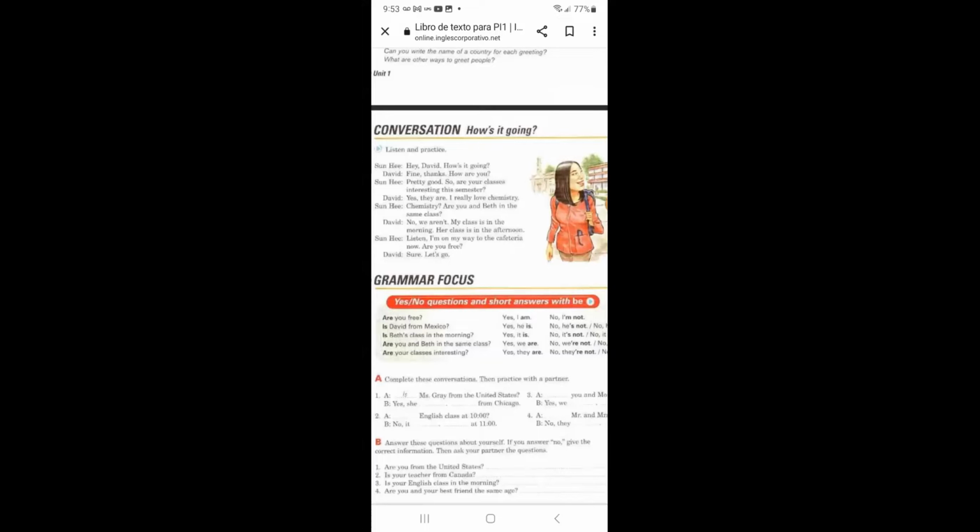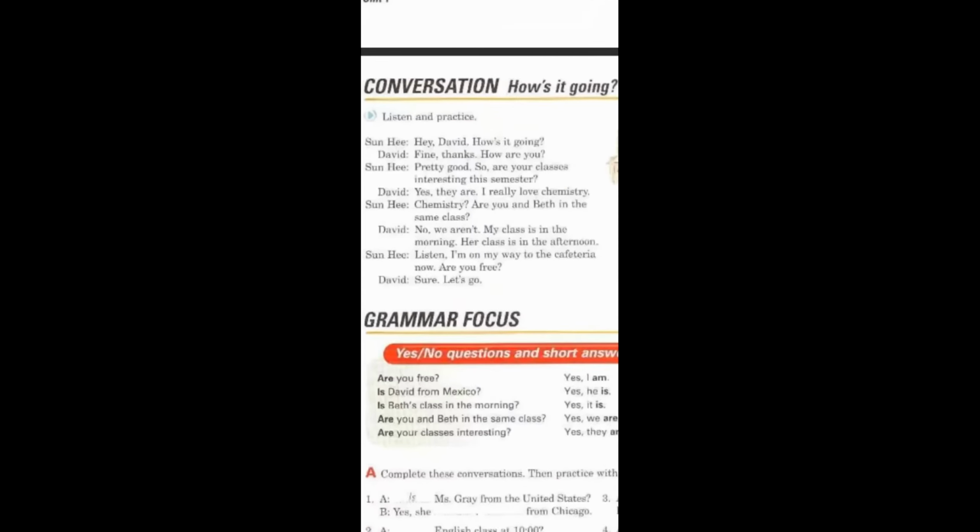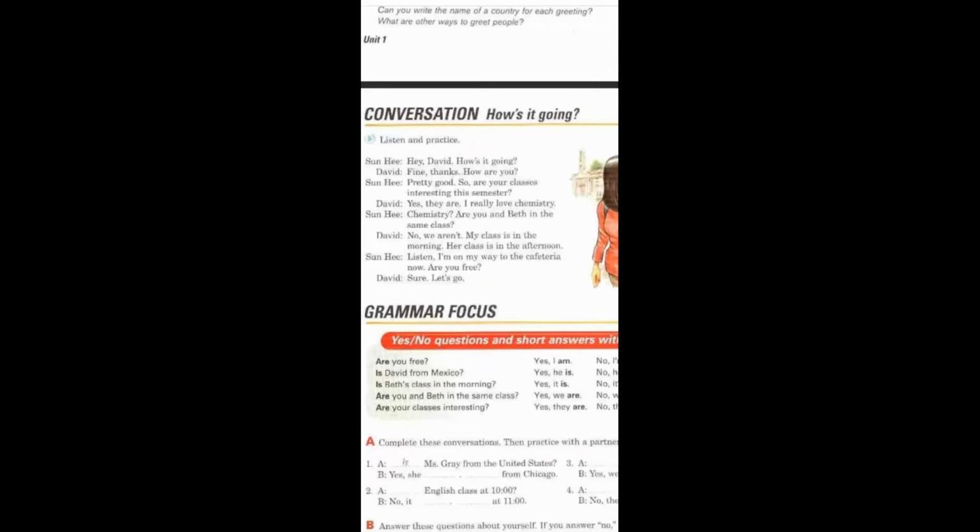No problema. Vaya, entonces allí es la dirección donde dice, hey, David, how is it going? Pero no sé si usted entendió qué había que hacer. De practicar. Ah, ok.